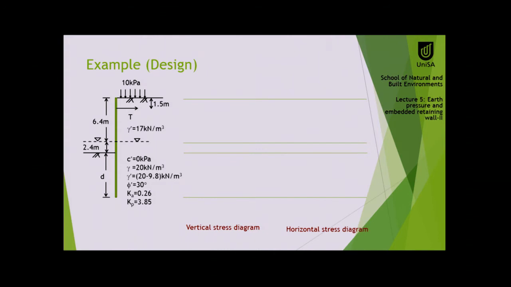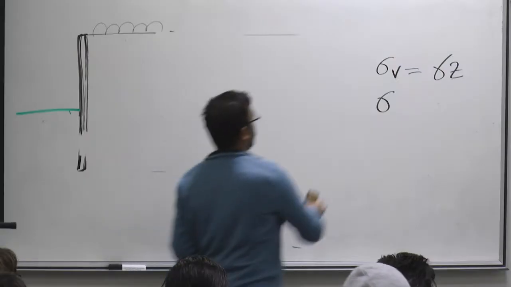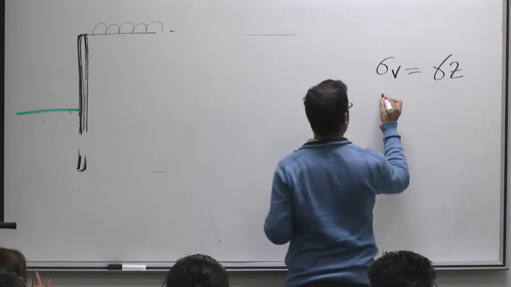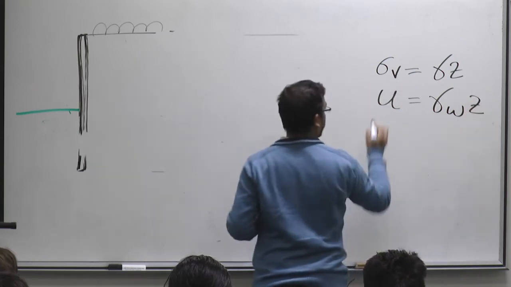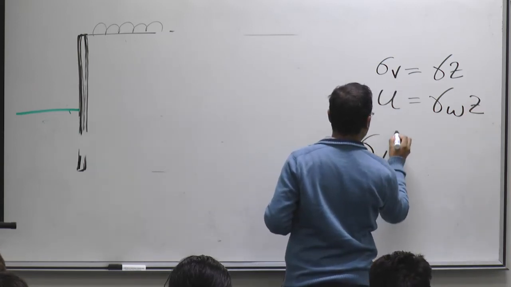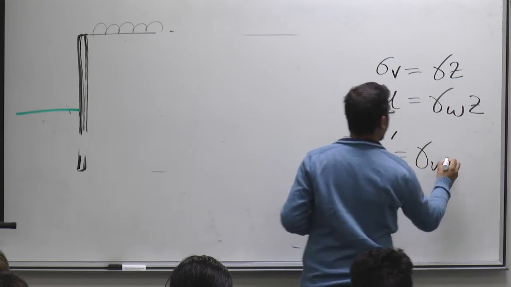Let's say we could get effective stress differently in terms of total stress, sigma V equals gamma Z. For water pressure, because we represent water pressure as U, U equals gamma W Z. Then effective stress we can write, sigma V prime, total stress minus water pressure.